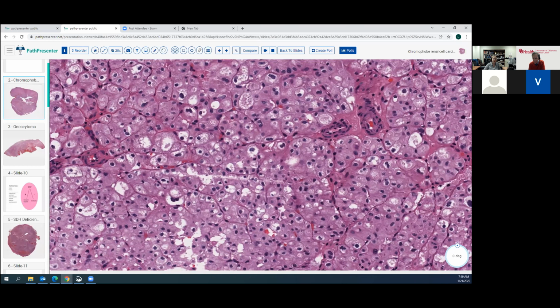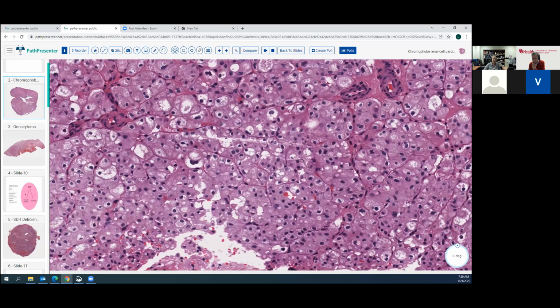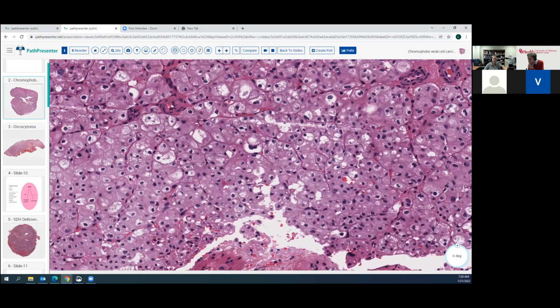There's some more binucleation. We've got some perinuclear clearing around the nuclei. It hugs the nuclei and then fades as you go towards these plant-like cell membranes here. I think this is as close as we can get. If you could get any closer, you'd appreciate that the pinkness of these cells is slightly granular.